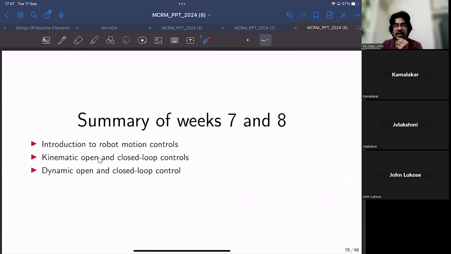And for weeks 7 and 8, Sir, so many MATLAB lessons were there. If you share the code, at least we will execute the program, sir. No, I've talked to the professor about this, and he's a bit hesitant to share the codes.